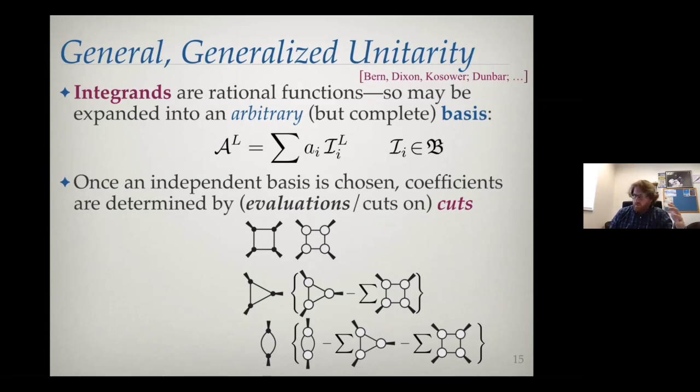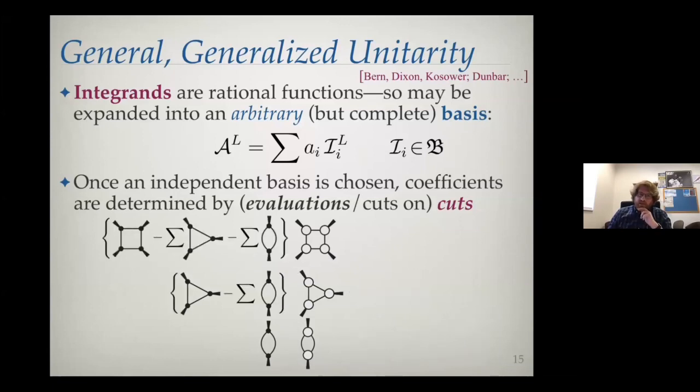But I want to emphasize, and this really won't be a theme of the talk, but it's something I think for future work, I want to put my neck out and say that this is a bad idea. You do not want to choose your integrand basis arbitrarily and then fix the coefficients by linear algebra, no matter how trivial that linear algebra is. What is a much wiser thing to do, and we have a lot of evidence for this at 2 loops and higher, is to diagonalize the basis in cuts first.